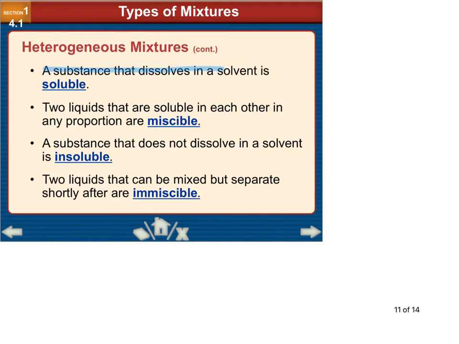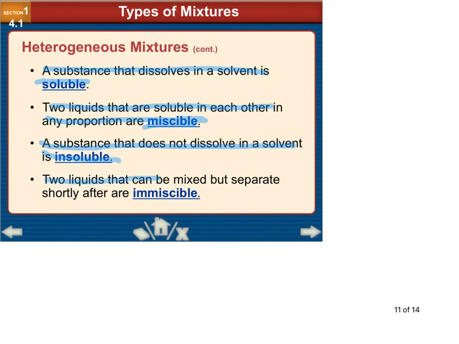When we say something will dissolve in another thing, we talk about it being soluble. If we're dealing with liquids that will dissolve in liquids, we talk about miscible. So miscible is just a special type of soluble. Then we have insoluble, something that won't dissolve or dissolves at such a small rate that we consider it insoluble.